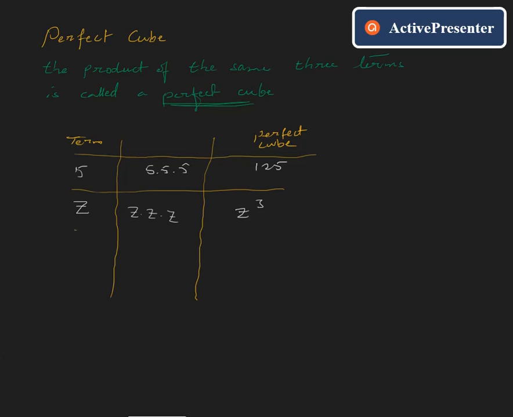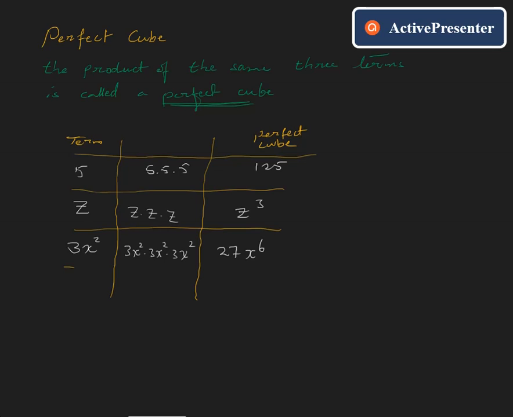Another example, if we say 3x squared, if you multiply 3x squared by itself 3 times, you will have 27x to the power 6. This is a perfect cube.